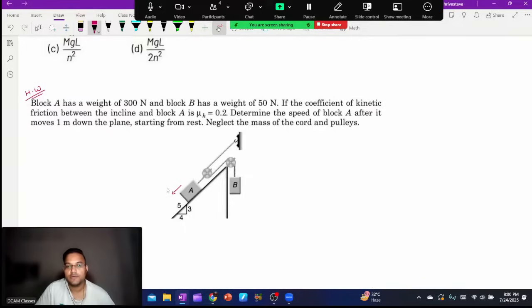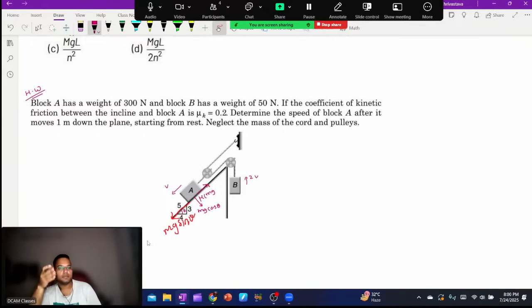See, if this has the velocity v, this will have the velocity 2v. So the work will be done only by the friction on this, mu into normal, mu into mg cos 30. Here mg cos theta, right? Also mg will be doing work, so you have to take the work done by mg sin theta.